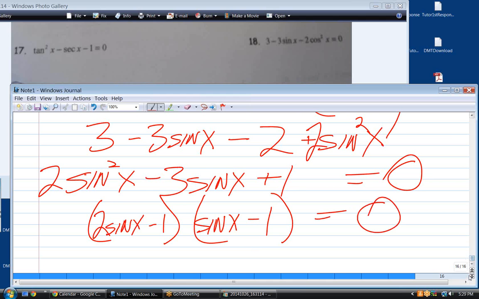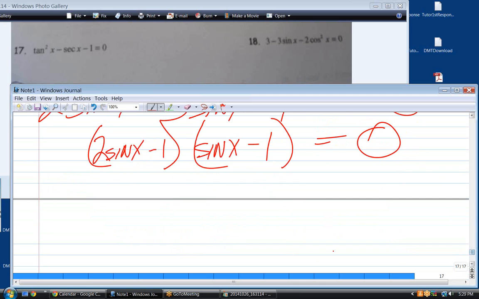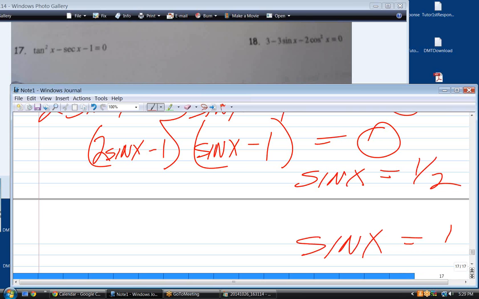What are my solutions? Sine x equals 1/2. And sine x equals 1. Okay, where does the 1/2 occur? 30.